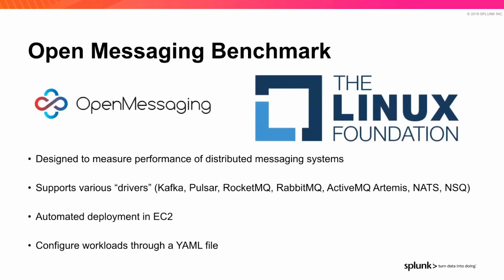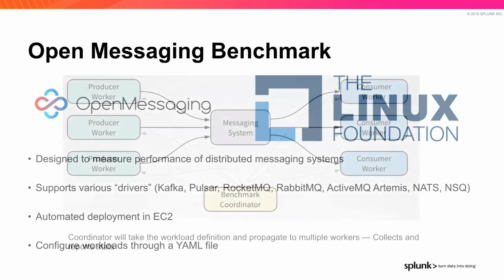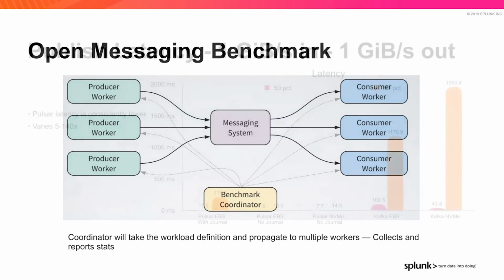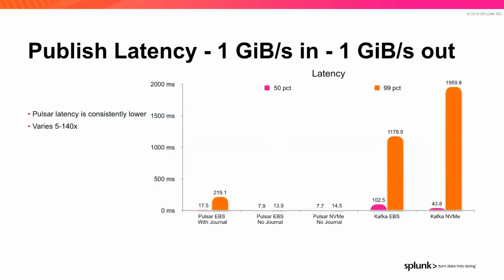So we use the standard open source benchmark, where producers produce into the messaging system and consumers consume, and the benchmark coordinator coordinates everything and captures the results. We fix the throughput and we measure the latency and the resources required. So in the case of 1 gigabyte in and 1 gigabyte out, there is Pulsar EBS with journal, which is with persistent durability.